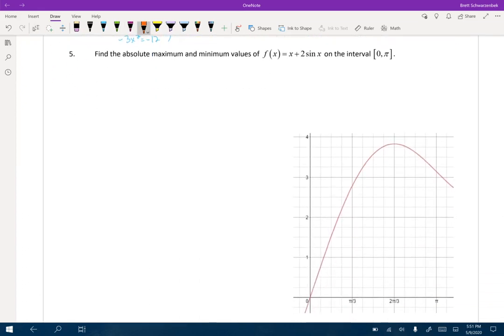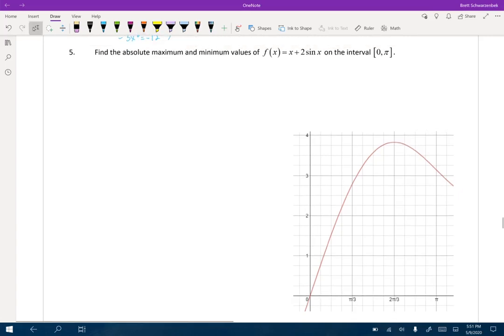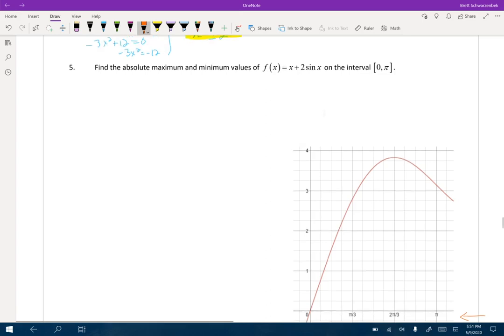Okay, it would be poor of me to move on without doing a trig example. So if you look at the graph here, we have all radian values on the x-axis, and y values are the typical integers. So our interval is now going to be of radian values.